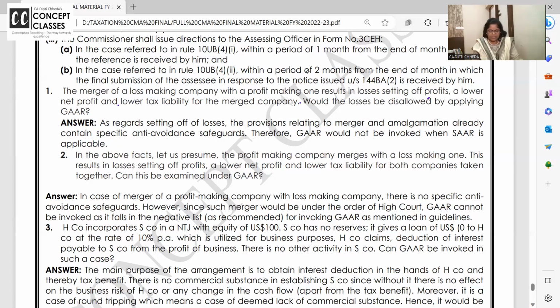Would the losses set off be allowed? Yes. As regards setting off the losses, the provisions relating to merger and amalgamation already contain the SAR, specific avoidance rules. Therefore, GAR would not be invoked when SAR is applicable.